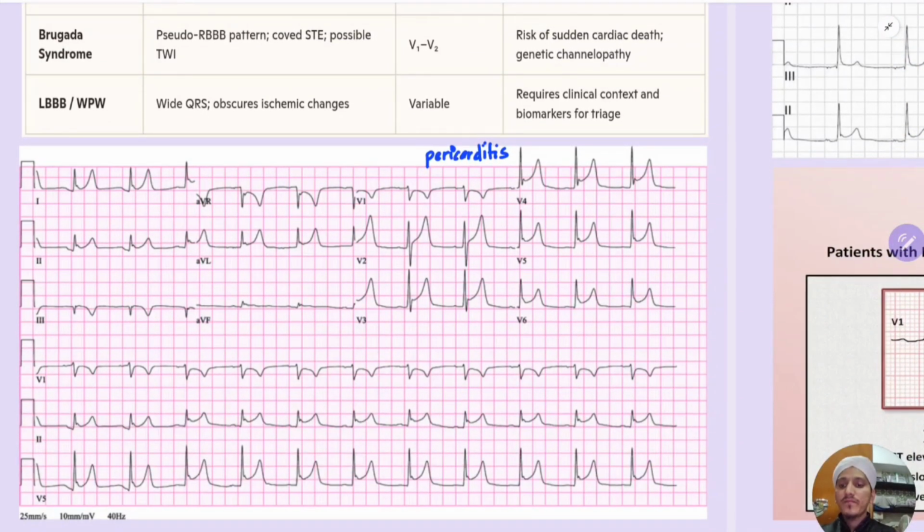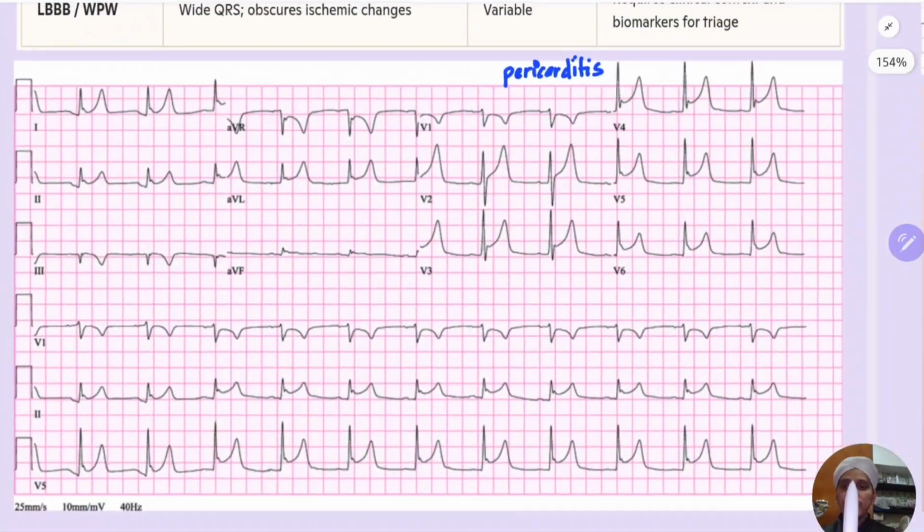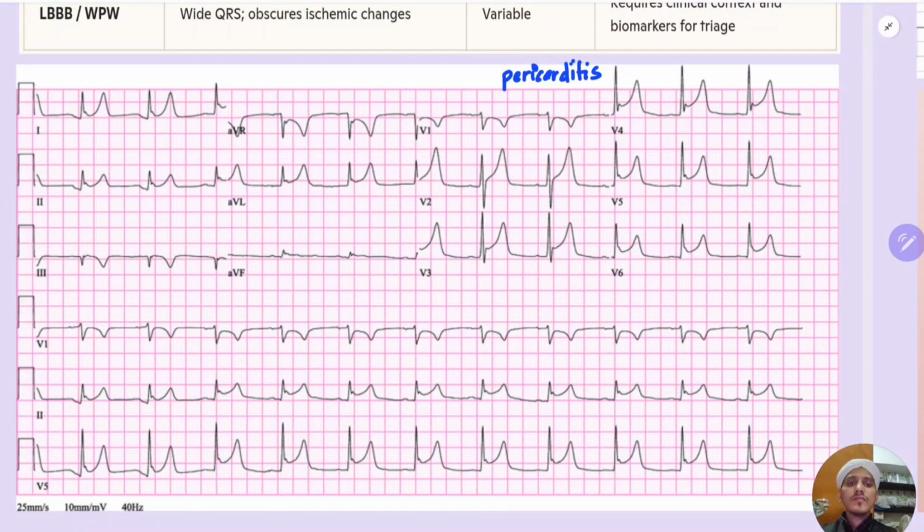See here, it will be like this. I will zoom it. So you are able to see elevated ST segment. See here, ST segment is elevated. V5 also elevated. All the limb leads are having ST segment elevation, concave ST segment elevation. Almost all the leads, not confined to a specific regional pattern which is found in myocardial infarction.